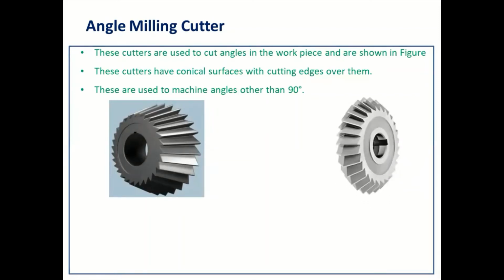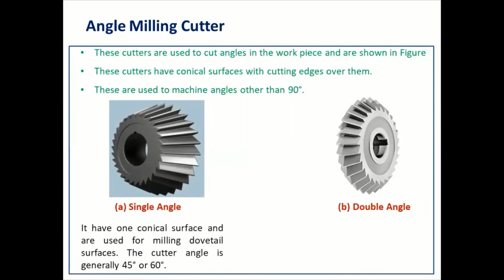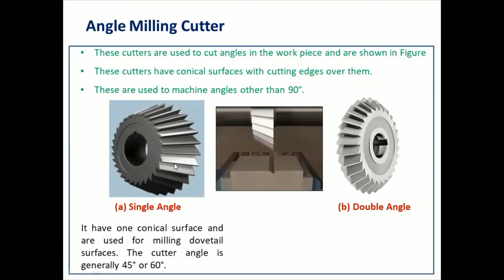Second, this is the double angle cutter. If you see here, the conical surface looks like a cone, and it is mostly used for dovetail surfaces. You can see in this diagram, this is the single angle cutter.